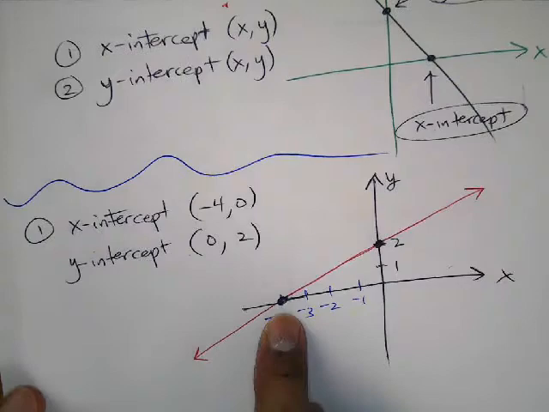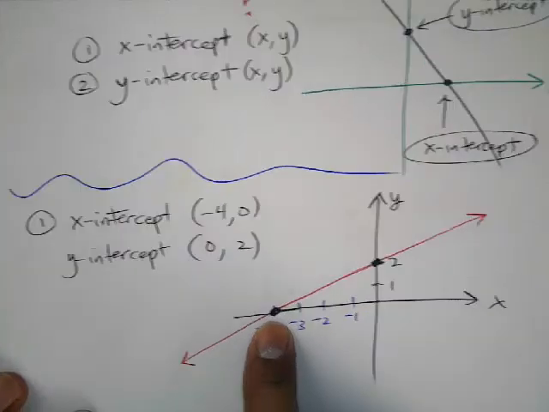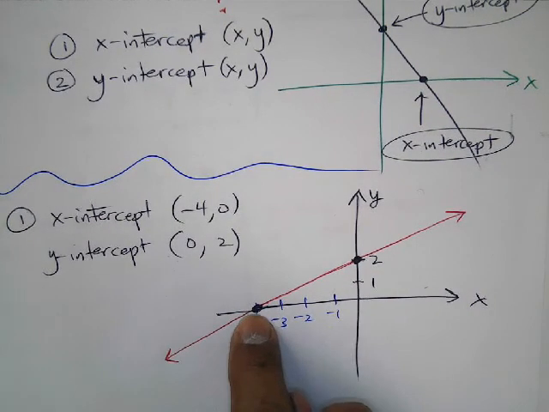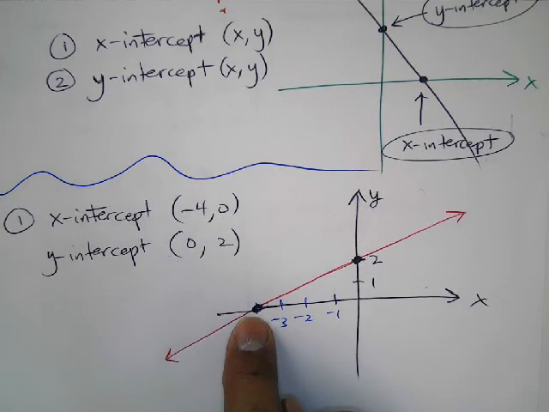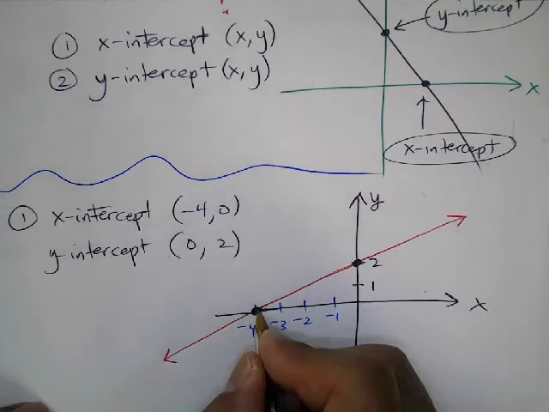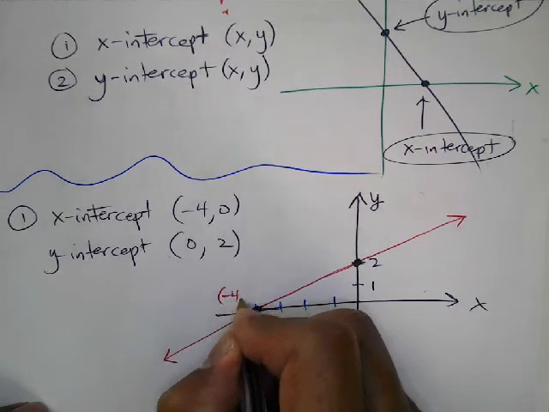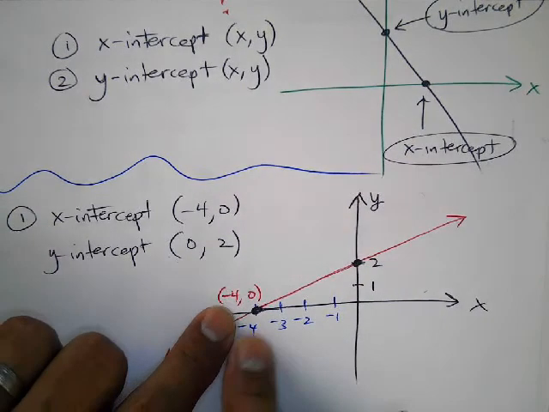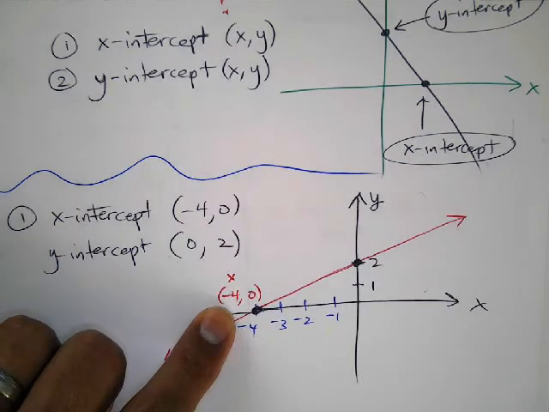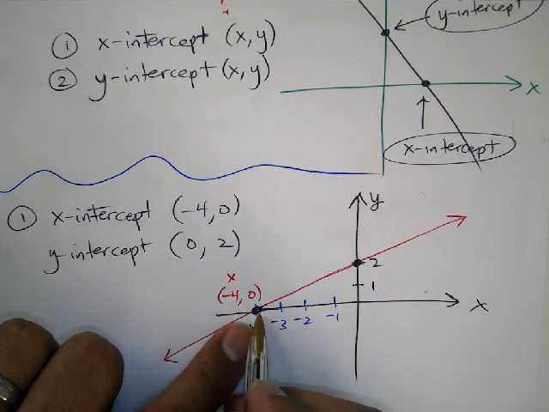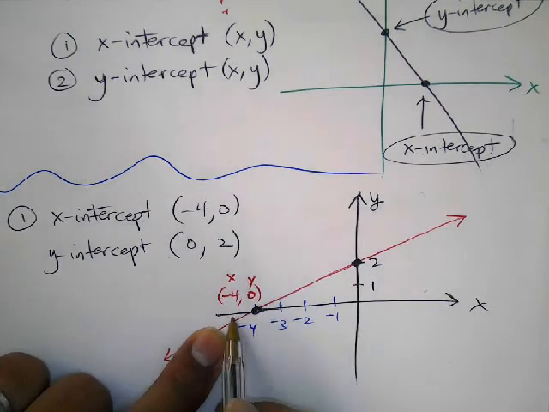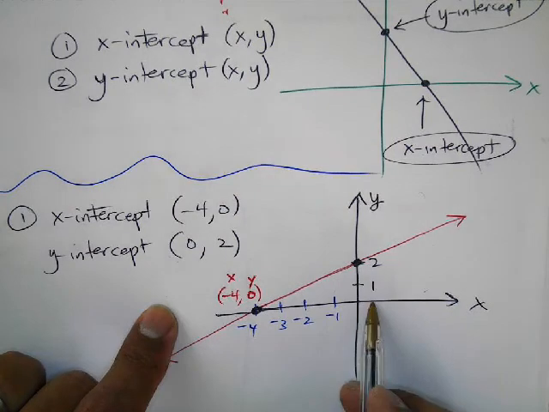Okay, now real quick, I'm going to just tell you why you do this. Well, going back at this, notice that any coordinate on the x-axis, let's say this one for example that we did earlier, this one is what? -4, 0. So the number on the x is going to be the number that you're going to go to, and then your value of y is always 0.